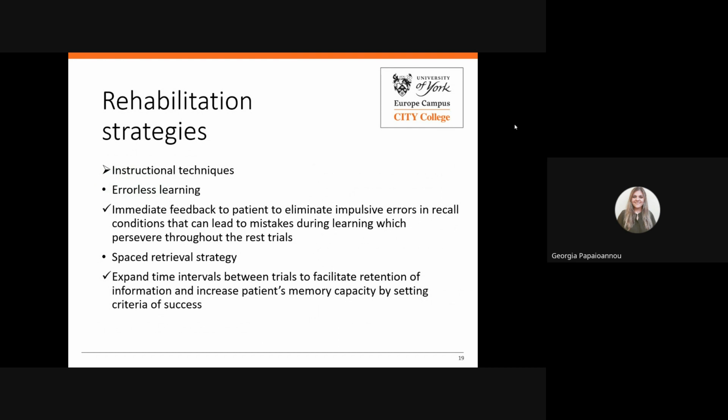So we expand the time intervals between the trials to facilitate retention of information by setting, of course, specific criteria of success. The criteria of success that we generally use in cognitive rehabilitation are to keep in mind that the patient has 80% success or more in 3 to 5 consecutive trials.